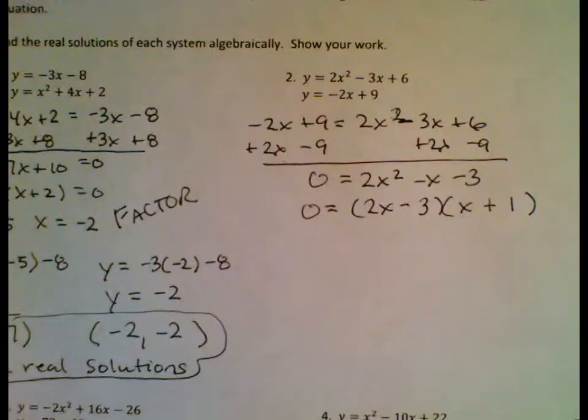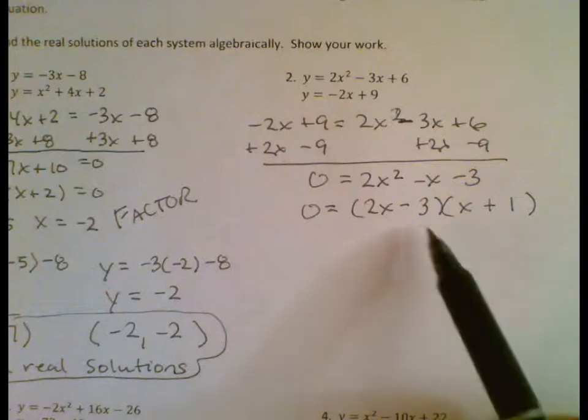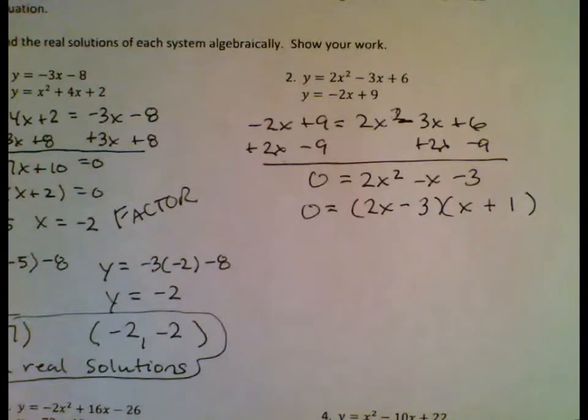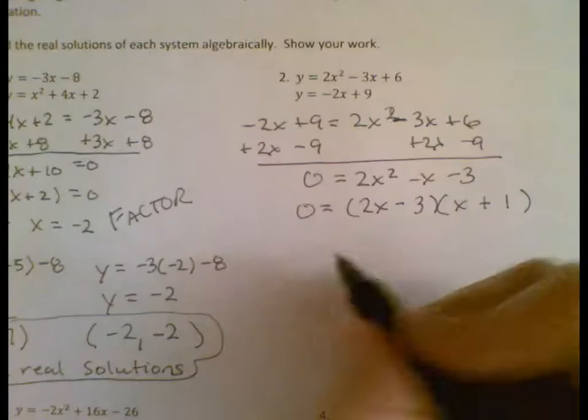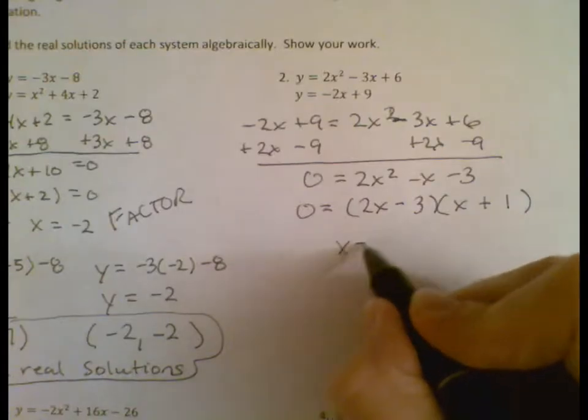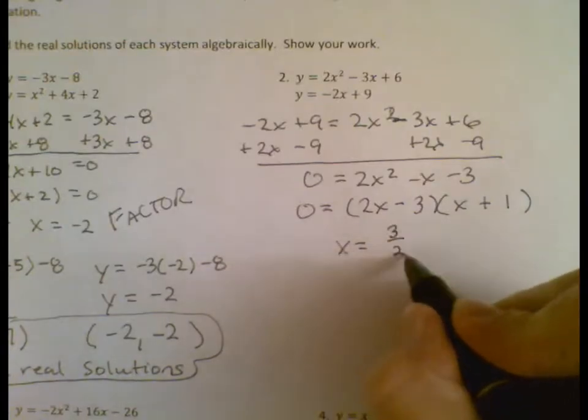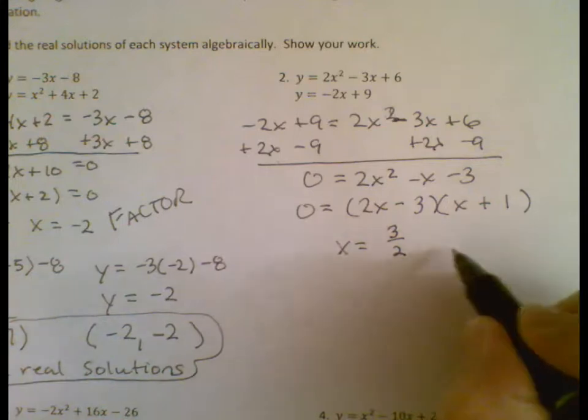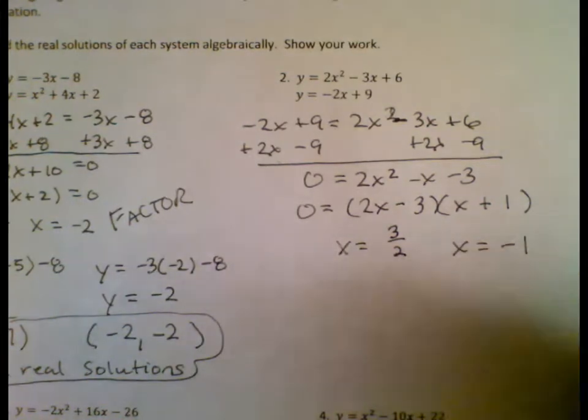So then I'll get for my outer 2x minus 3x, which is -1x. So in solving those, this one will be 3/2, and this one will be -1.